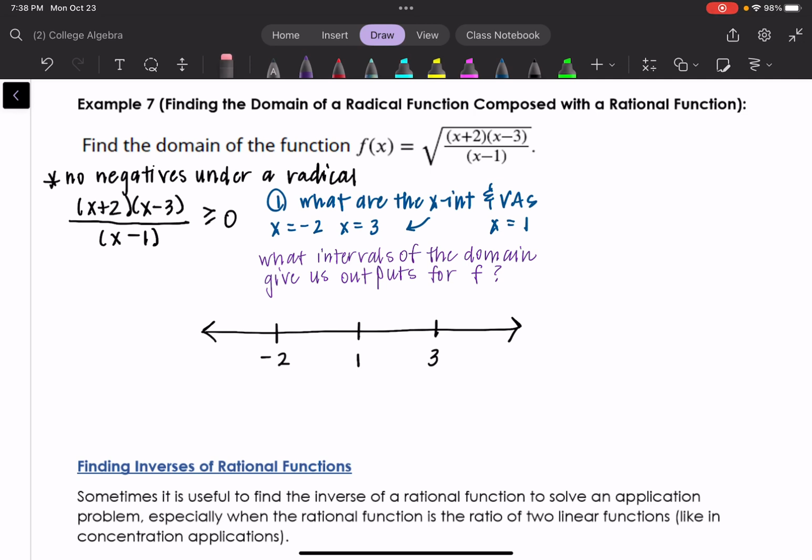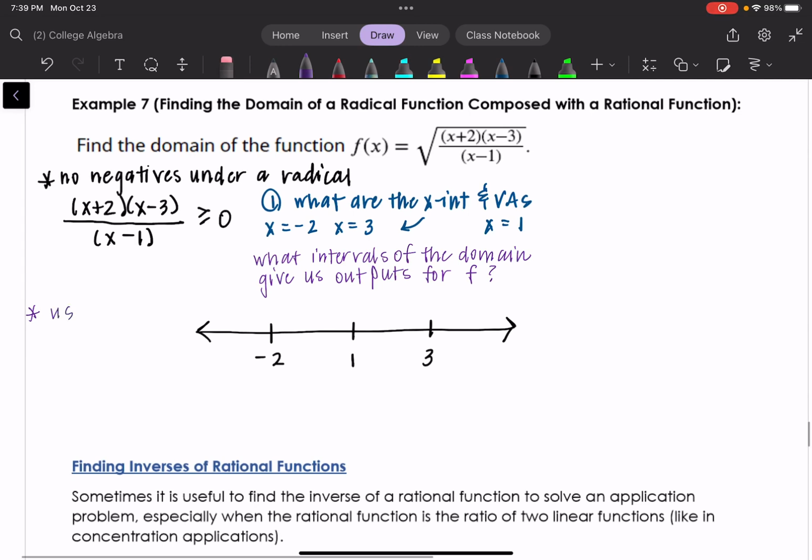And so what you want to do is similar to what we did in class today. That's one of the reasons I introduced the table. So I want you to use a table to investigate the signs of the outputs for this function. You're going to plug that into your table function.